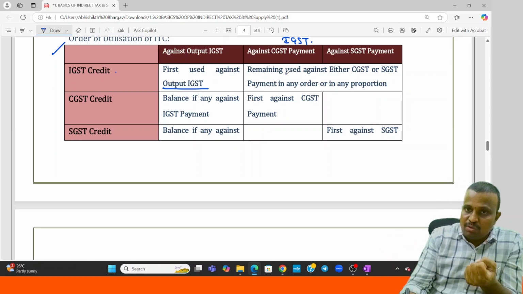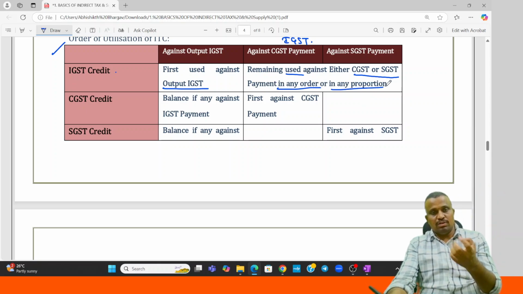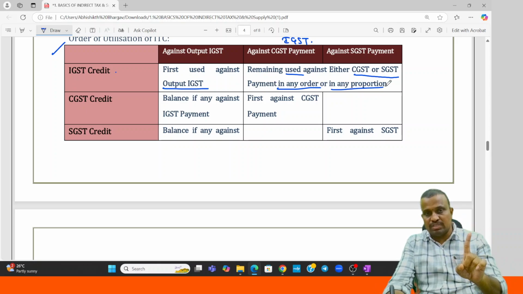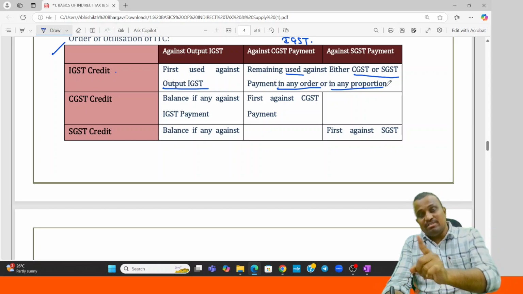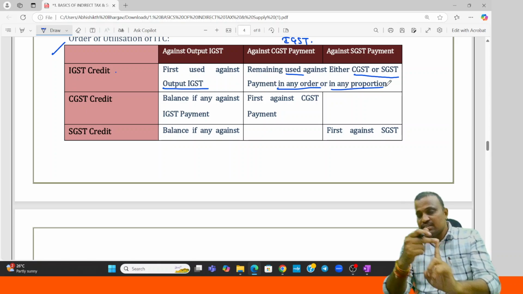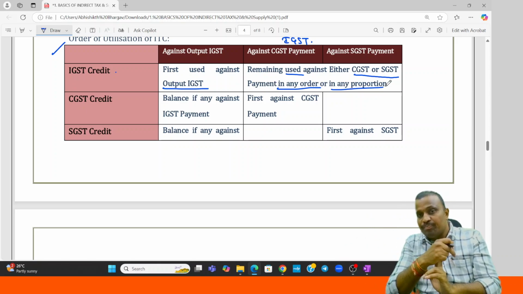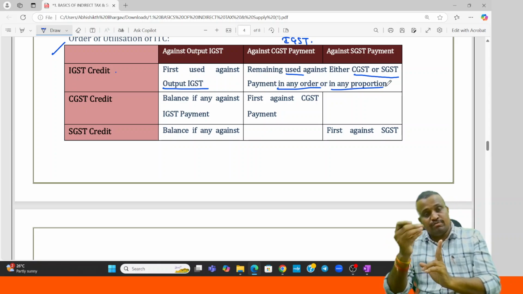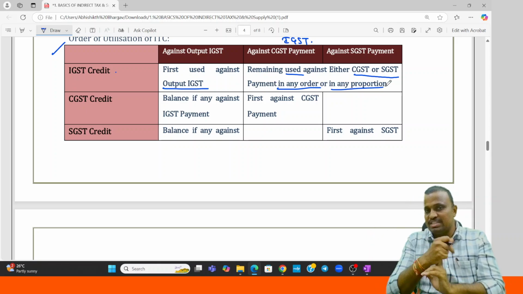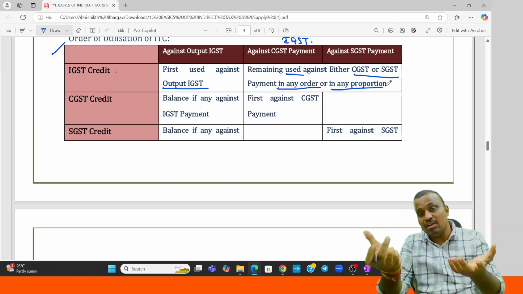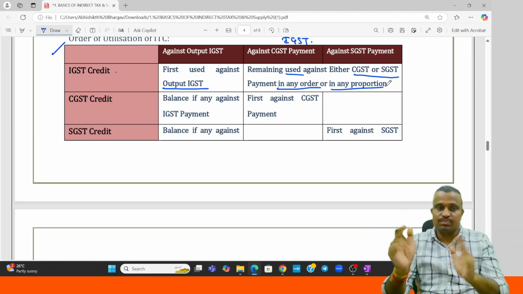So the remaining amount is used against either CGST or SGST in any order or in any proportion. It could be 50% for CGST and 50% for SGST, or 60% for CGST and 40% for SGST, in any order or in any proportion they can use.